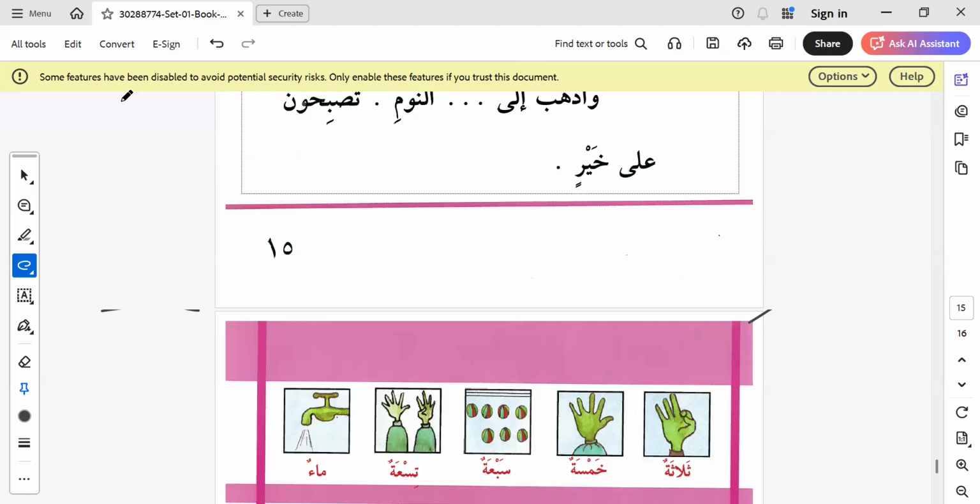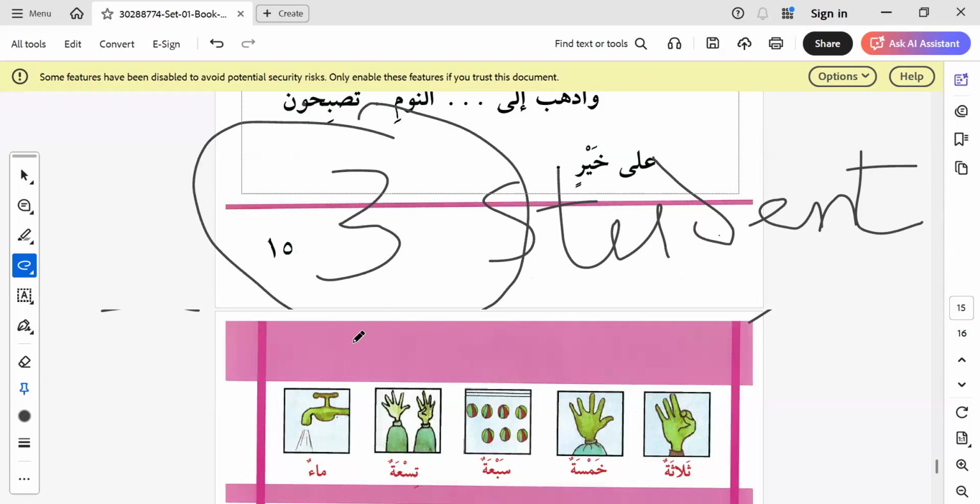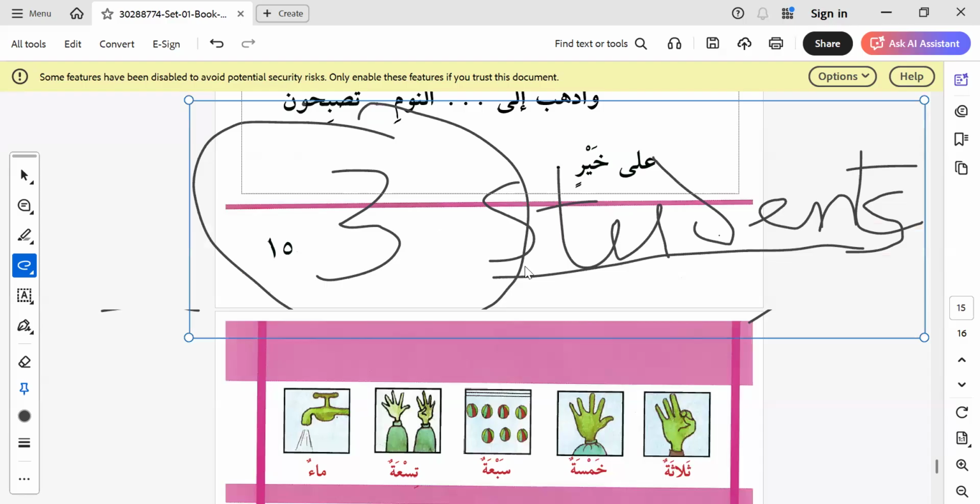Now let's take a look at it. 3 students. Now, your adad is this 3, that is the number. And students is the ma'dud, the one you are counting. Is it clear until that stage? Yes. Okay, now let's come to Arabic.